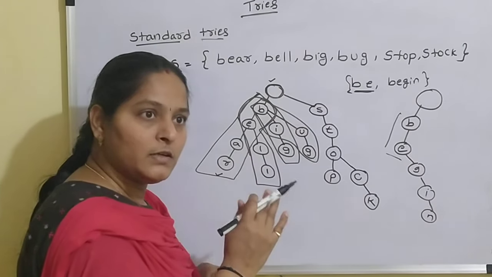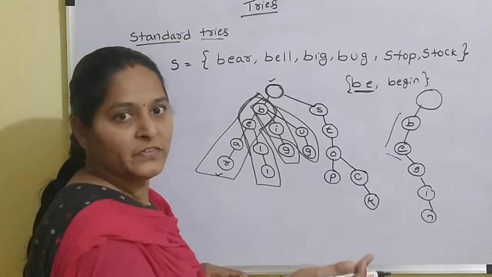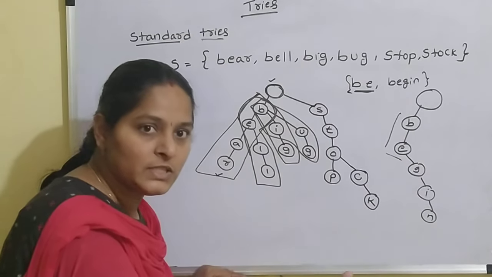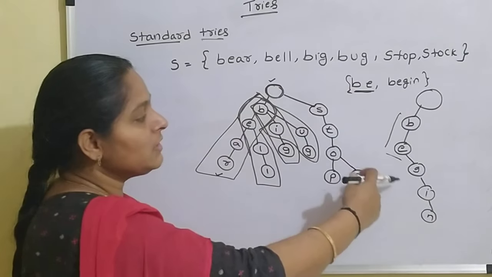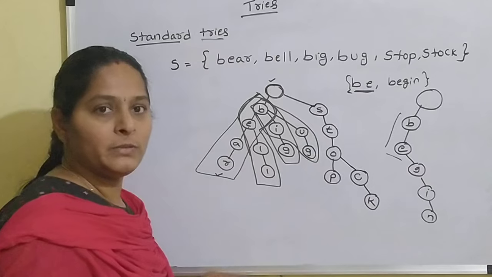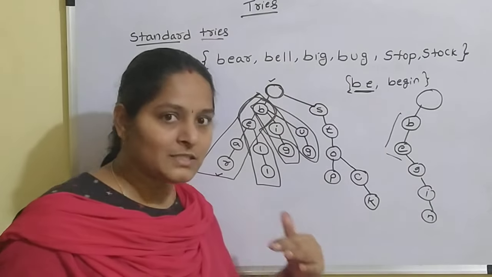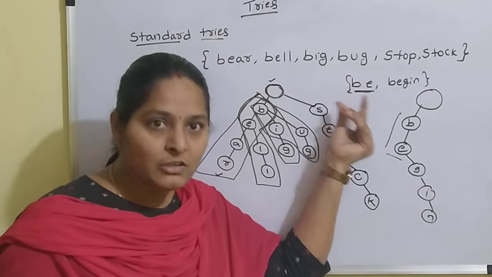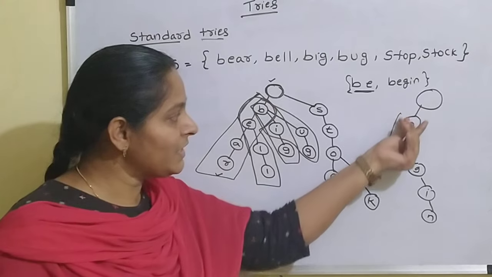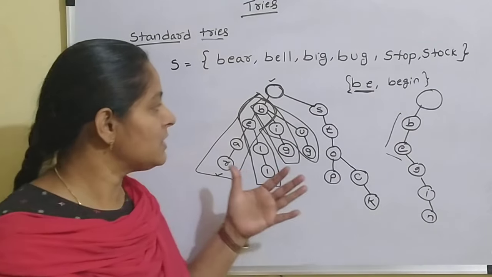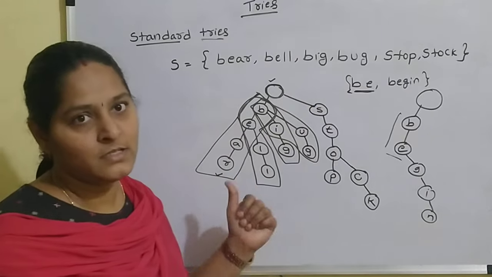A few letters of one word can become the prefix for a second word, but a complete word should not be the prefix for the next word. So this is the important point we need to remember while constructing standard tries. Suppose if there are some words like this, we should ignore those words, because anyway we can get that word, so we should ignore those words. So this is the way to construct the standard trie.